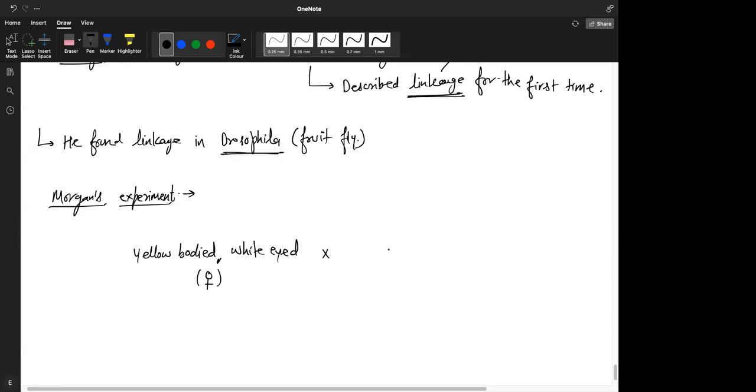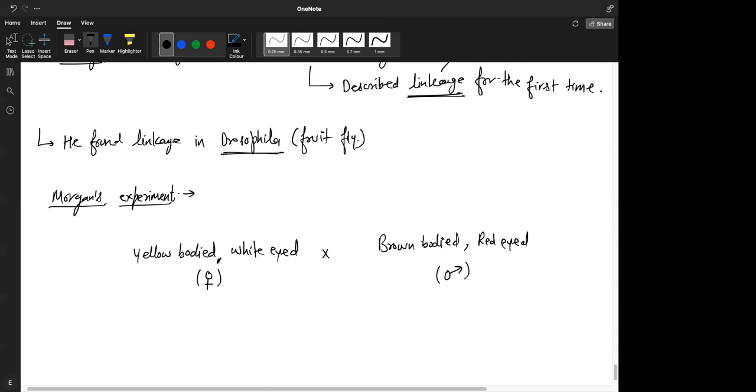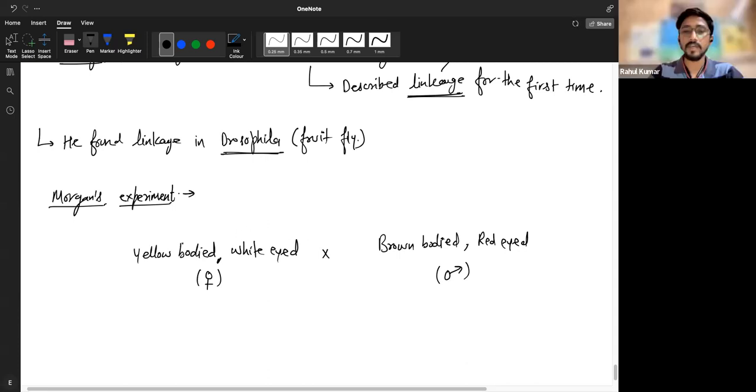And he crossed this fly with a brown bodied, which was another contrasting character, so either the body can be yellow or brown, and red eyed male, right? So you understand? One is for color of the eye, one is for the color of the body.